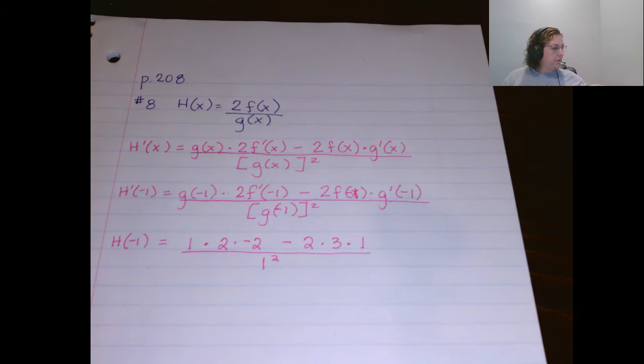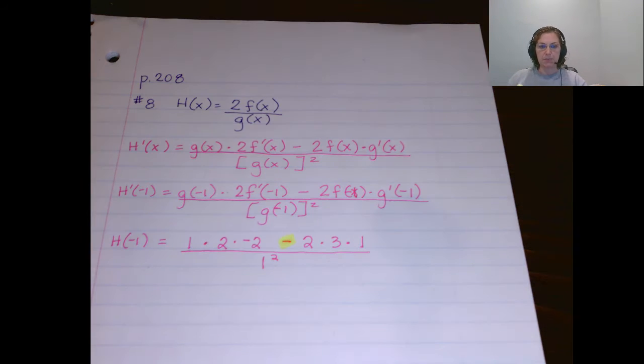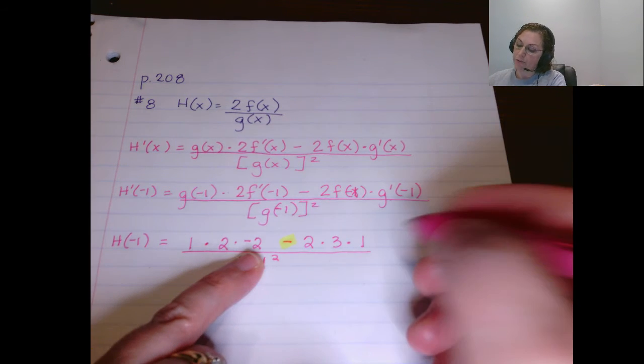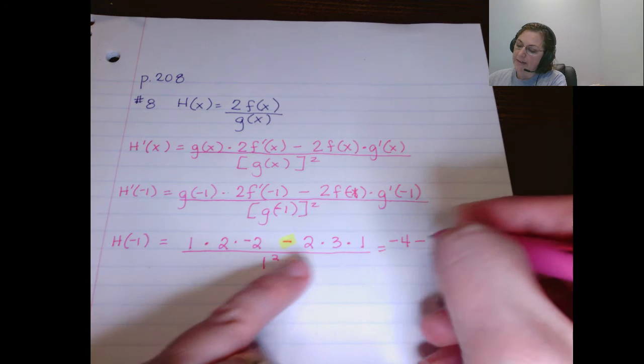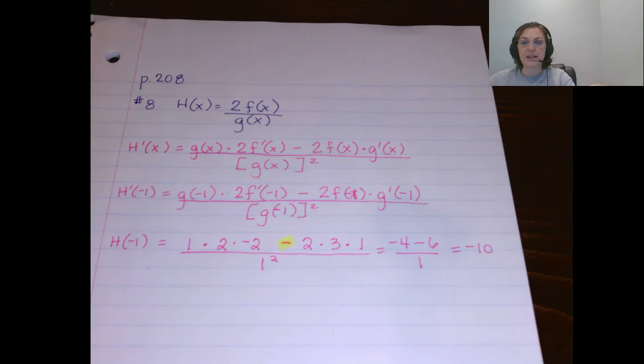Okay, be real careful with the minus in the middle. Sometimes it's overlooked, but it is separating these two. So I've got -4 there, minus 6 over 1. It looks like the slope of my tangent line is -10.